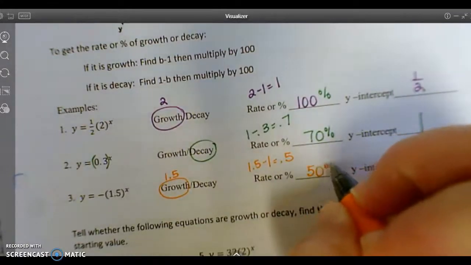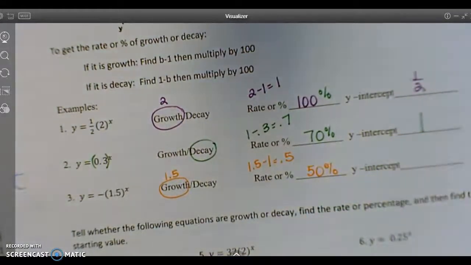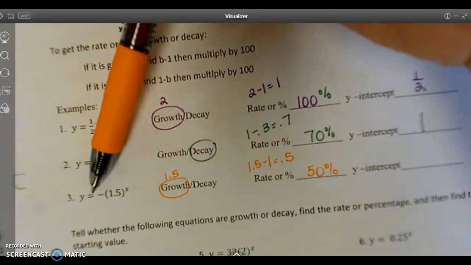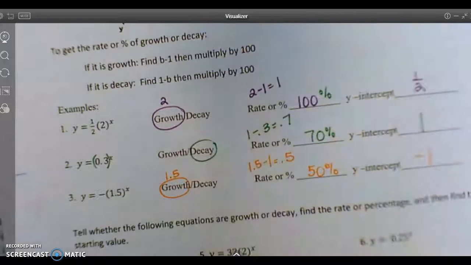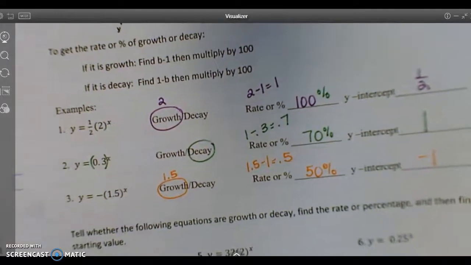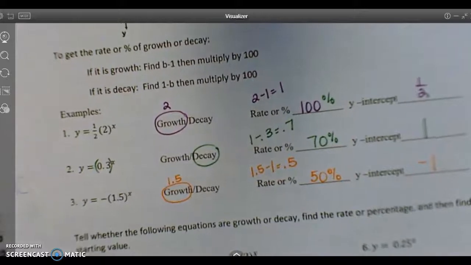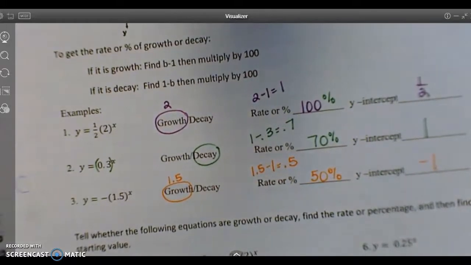So that's 50%. And then your y-intercept is your number at the beginning, which is negative 1. Now, basically that's the whole lesson. Just trying to figure out if it's growth or decay, what the rate is, and what the y-intercept is.